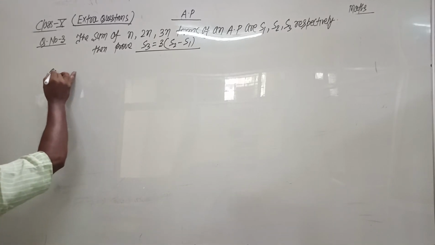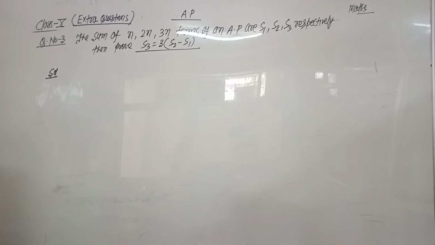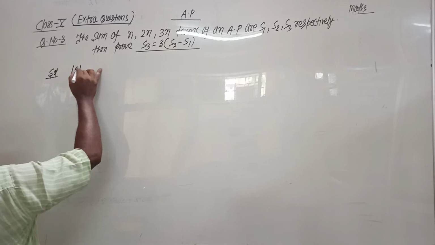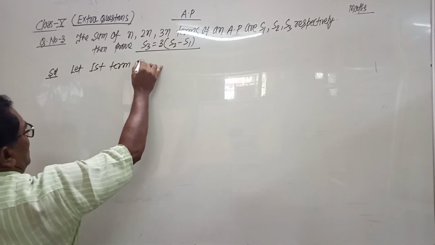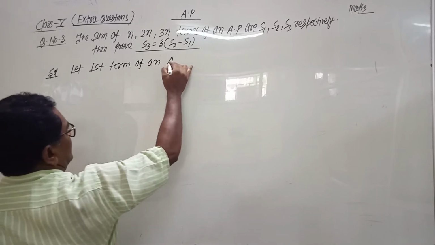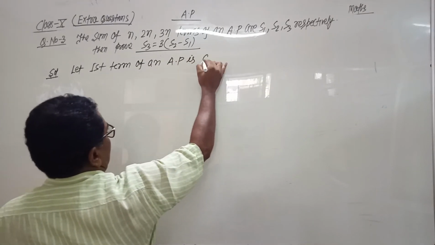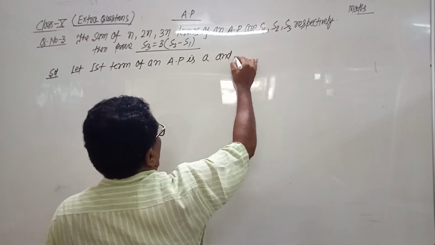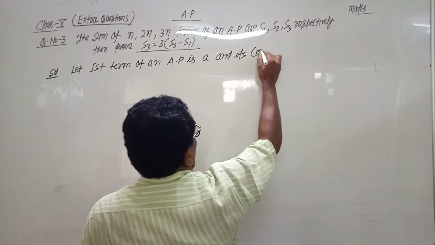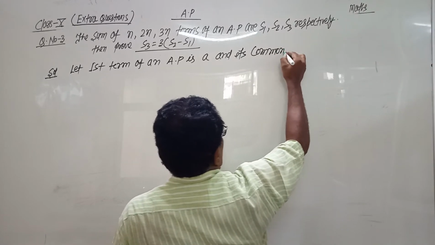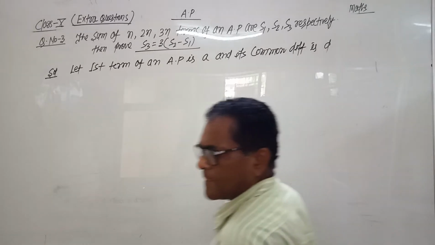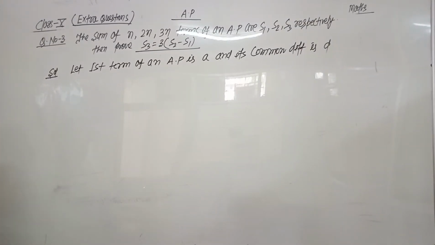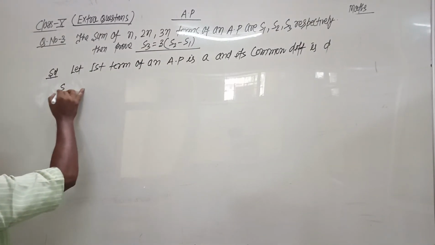So, sum of n, 2n, 3n terms are S1, S2, S3. Let first term of an AP be A and its common difference be B. Then S1 is the sum of n terms.